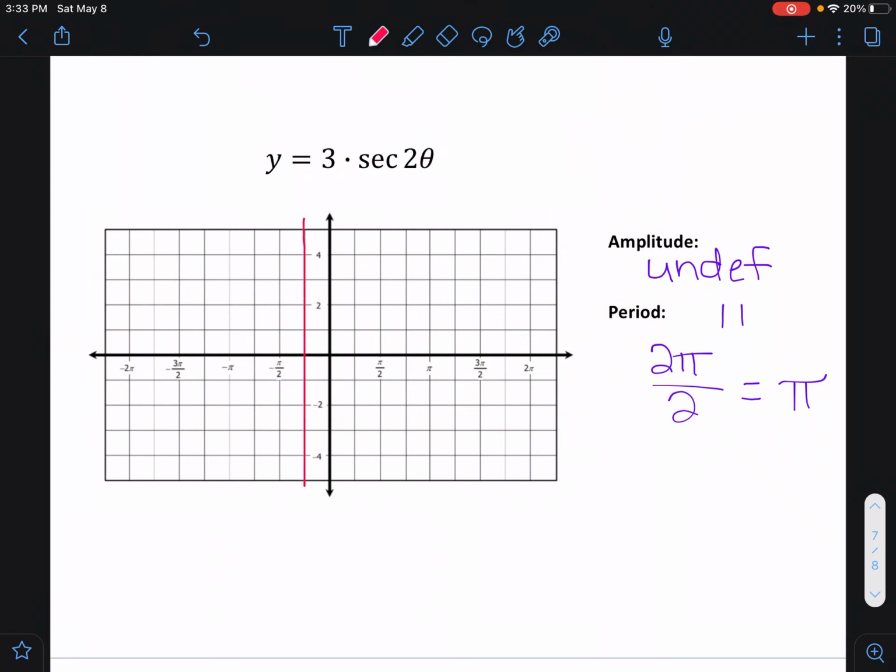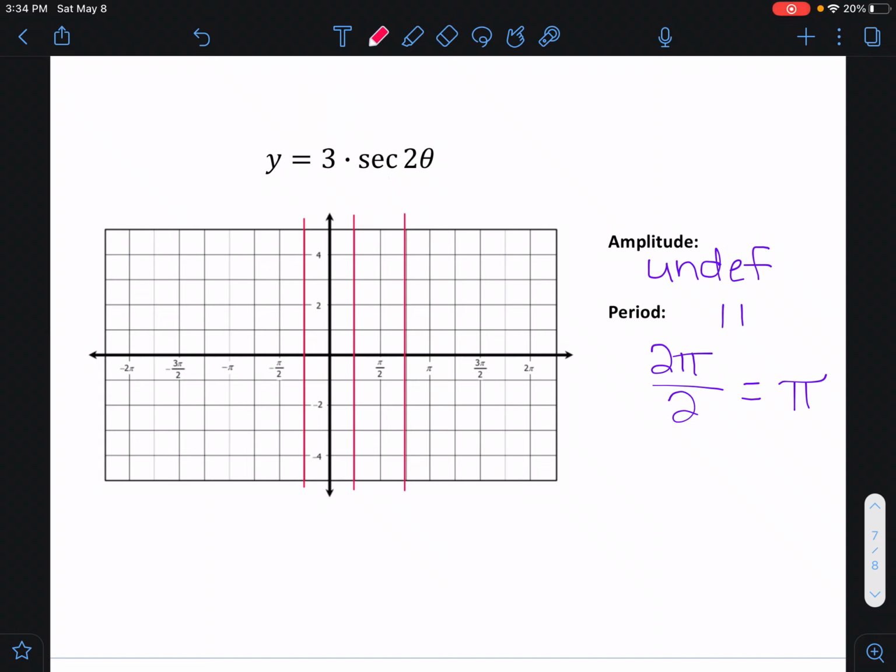Let's see, if I put one here, okay, that's a half pi, but I need to do an up and a down. Okay, so now that would give me a period of pi for my asymptotes, because I would have the up in one of these and the down in one of those. But this first one kind of straddles, so you got to keep that in mind, a little sneaky.